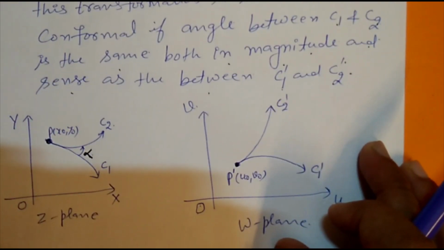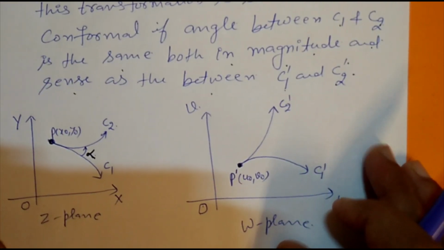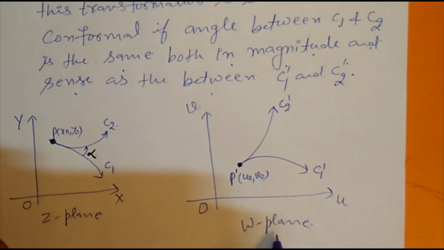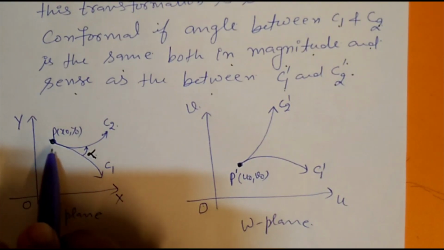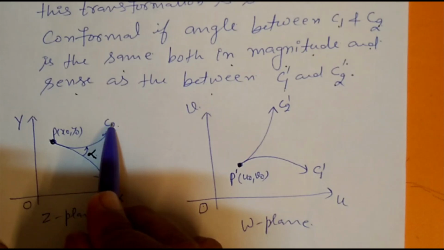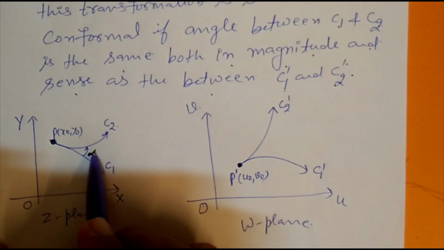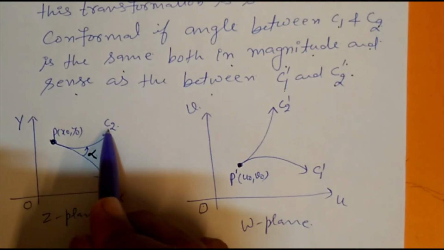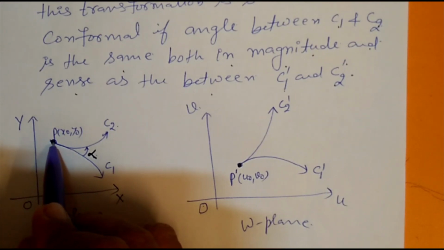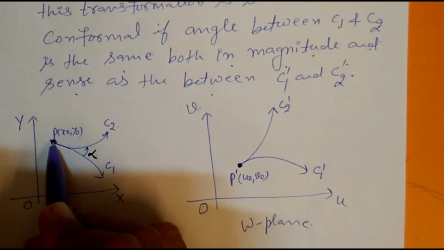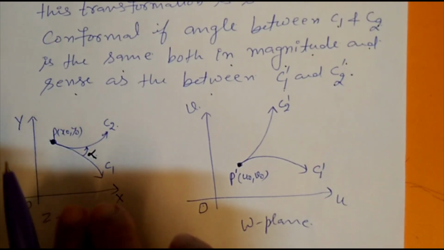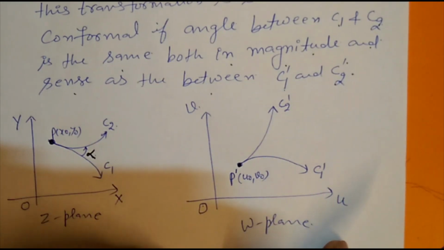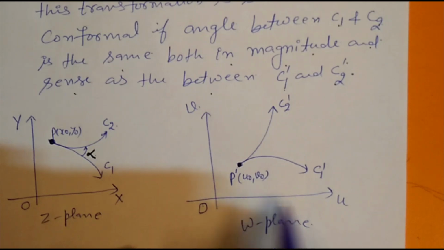If we see the graphical representation in z plane as well as w plane, so this is a curve C1, this is a curve C2, and the angle between both curves is denoted by alpha. And both the curves intersect at a point P(x0, y0). So this point P transforms into a point P' in the w plane.